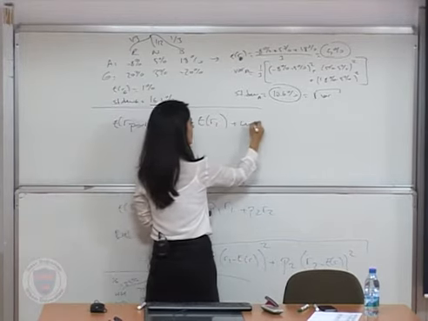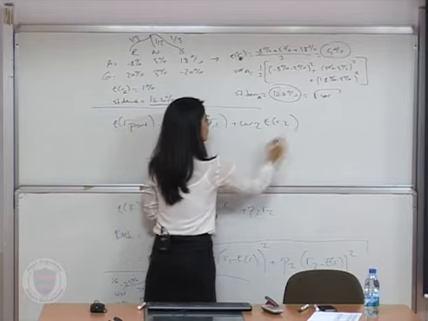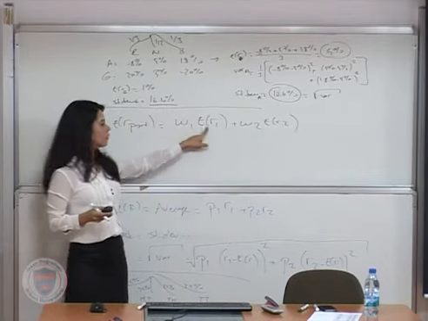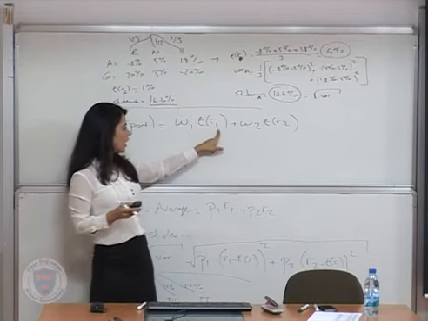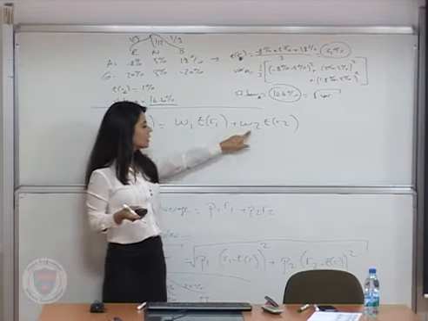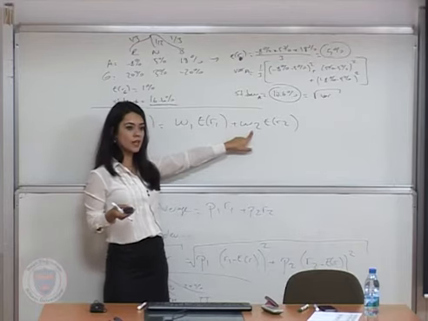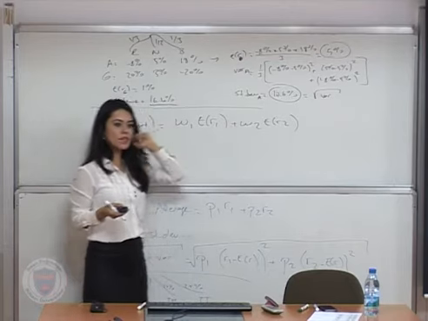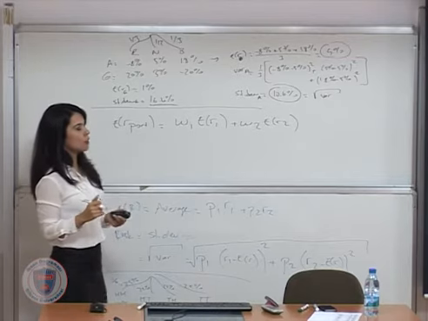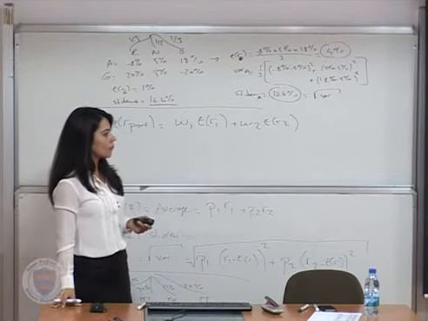If you have 2 stocks, you multiply how much money you have in the first stock with how much return that stock will bring you, and then you add how much money you put in the second stock times how much return the second stock will bring you. This is the portfolio expected return.